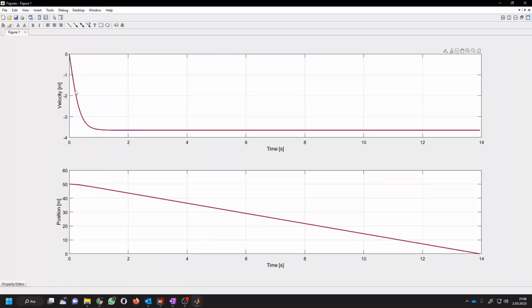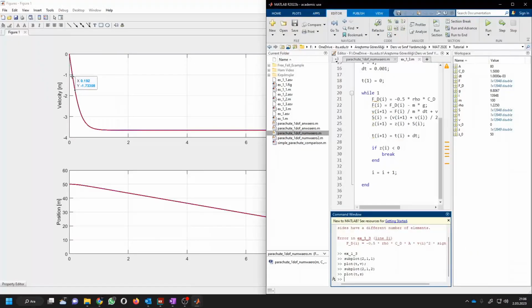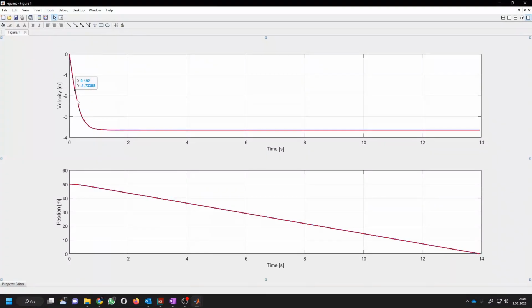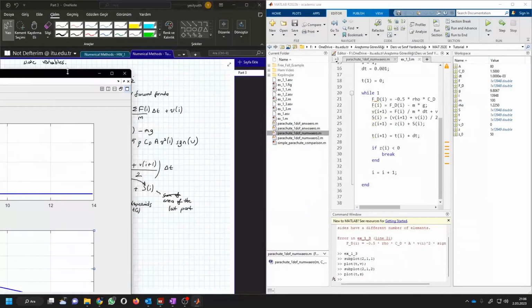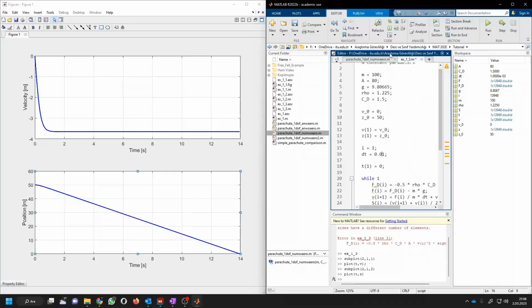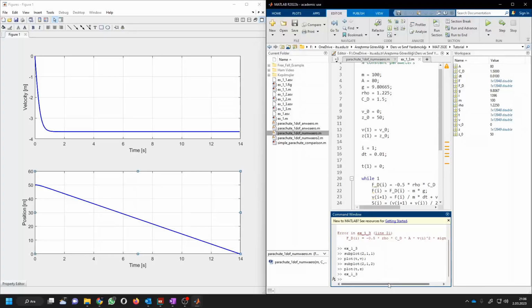Now tools, delete this one, delete this one. Let me change the time step, calculate it again, and plot again.